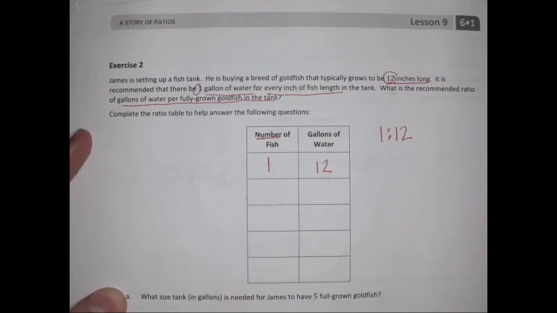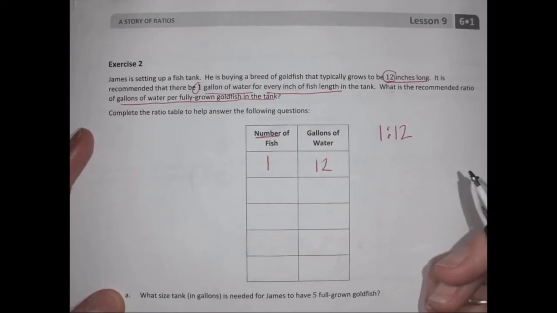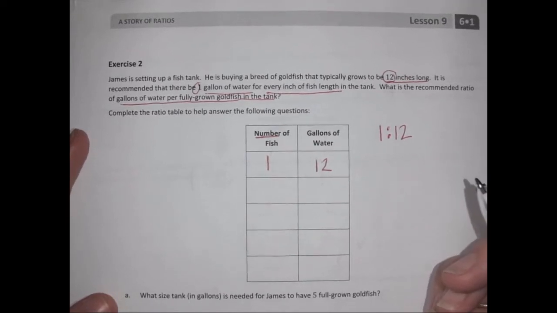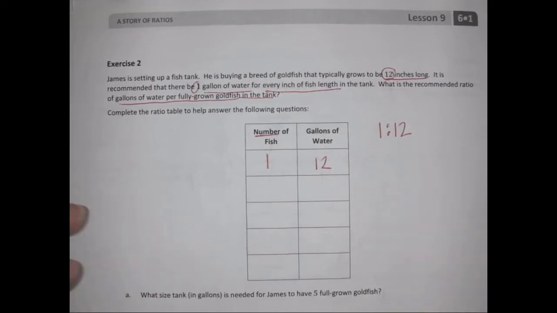Which gives us 36. And then 5 gives us, good job. Good job, Adriana.